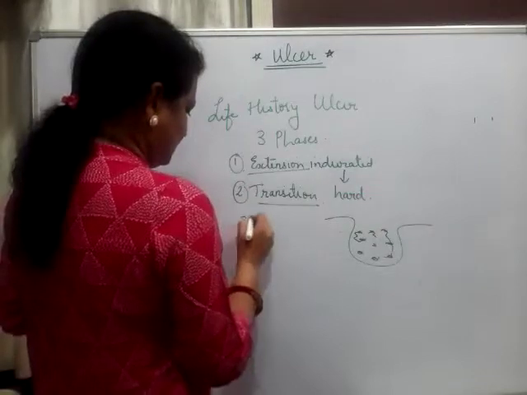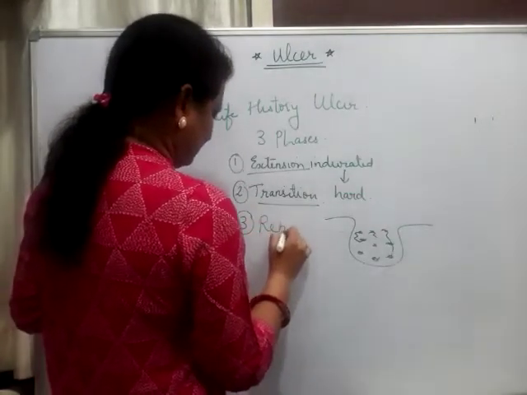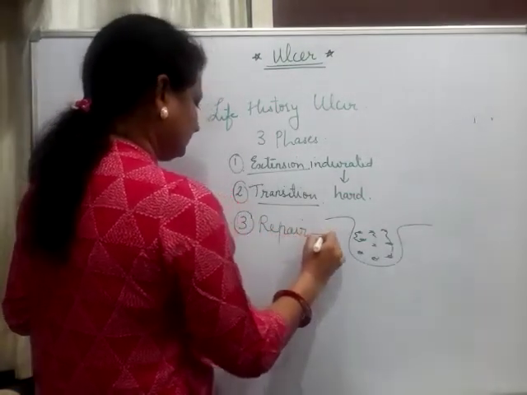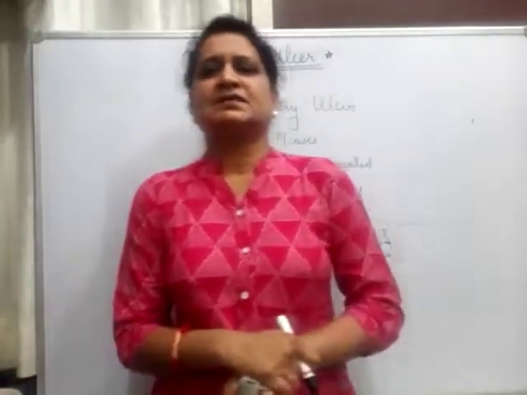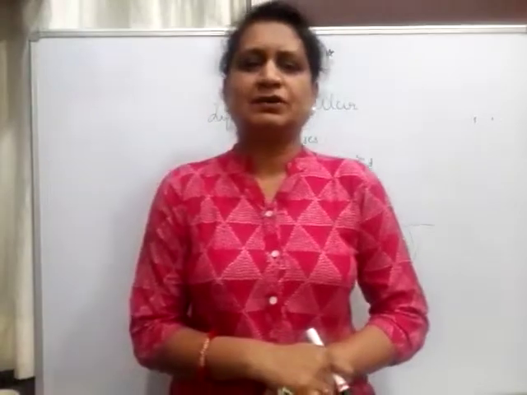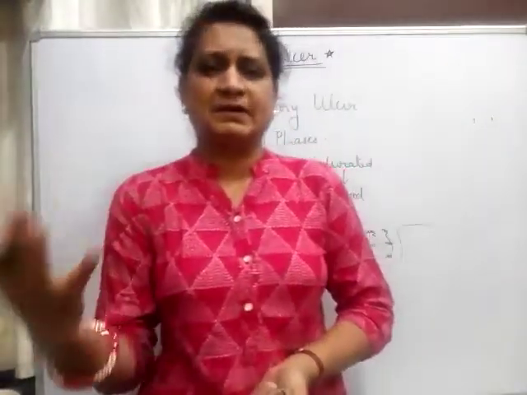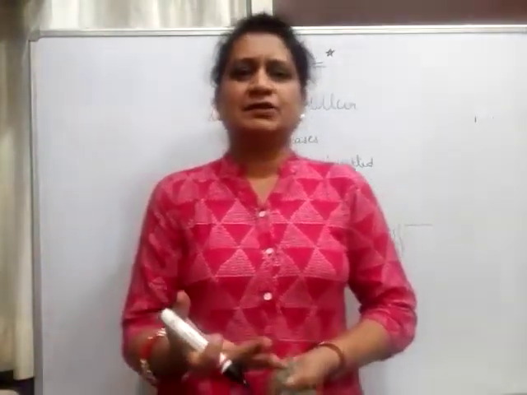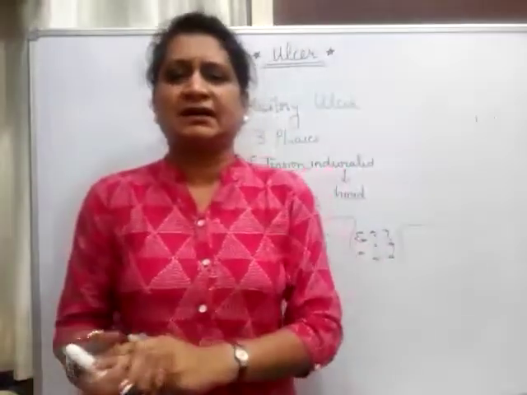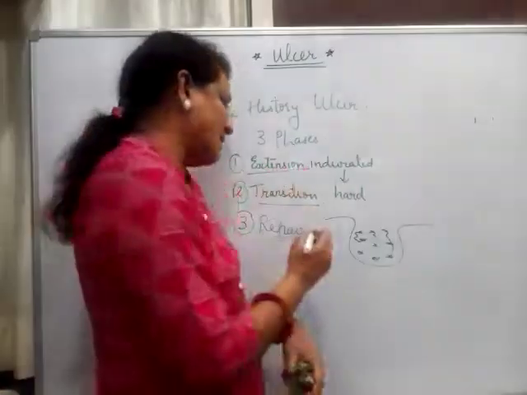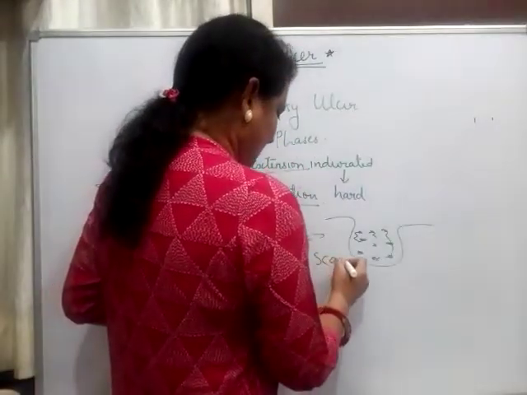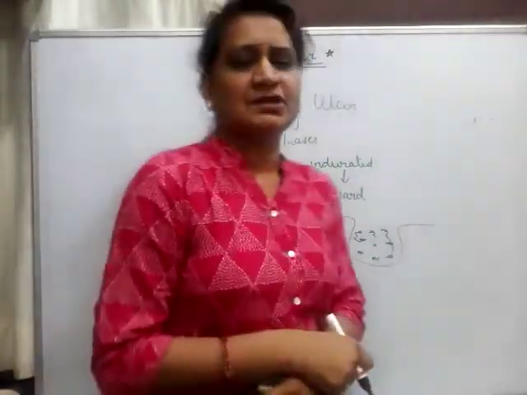Third stage is the stage of repair. This is the stage which consists of transformation of granulation tissue to fibrous tissue. यहाँ जो granulation tissue आया है अब वो convert होने लग जाएगा fibrous tissue में, which gradually contracts to form a scar. वो contract करेगा और scar बनने की कोशिश करेगा.